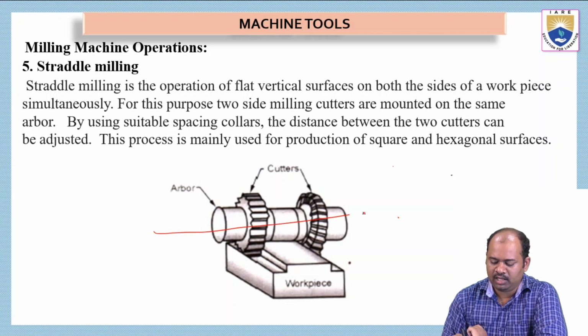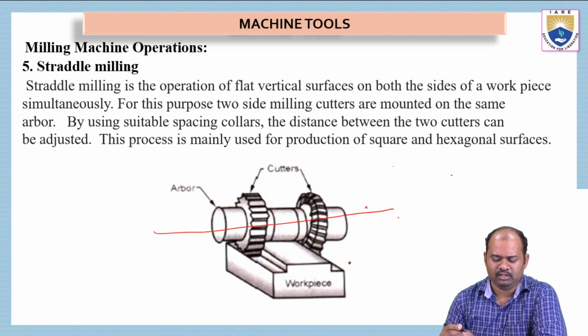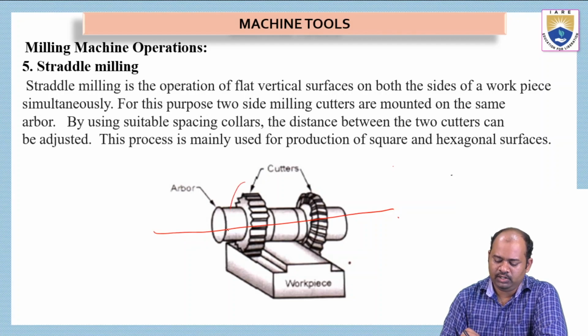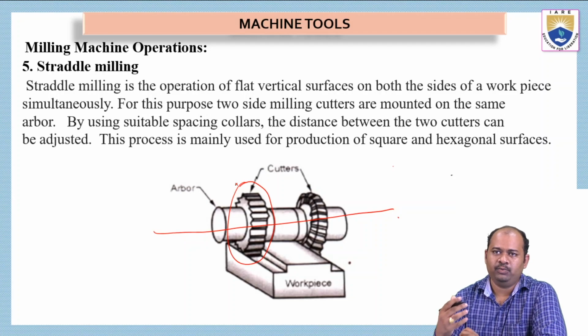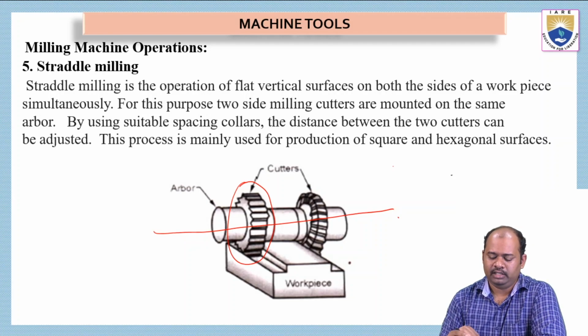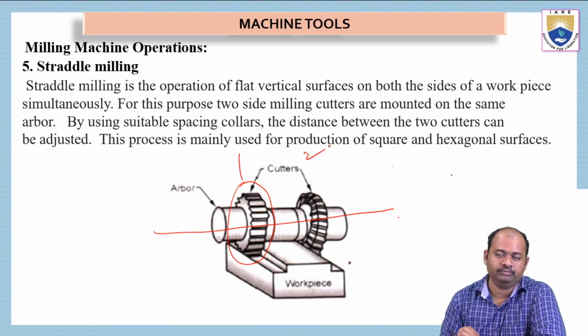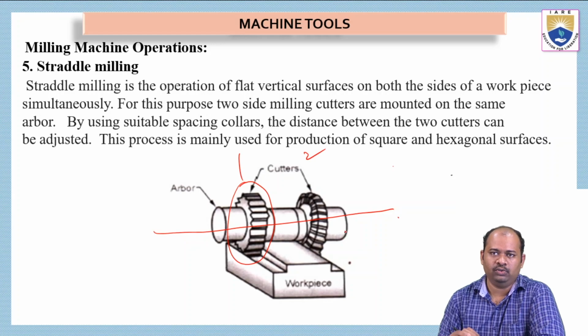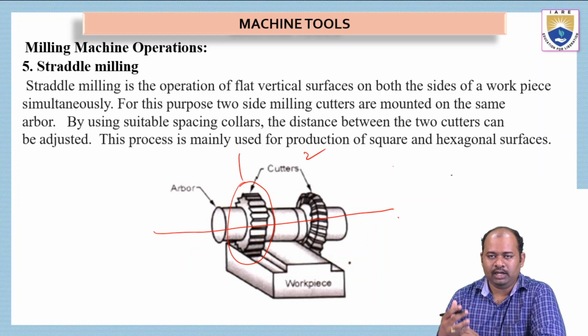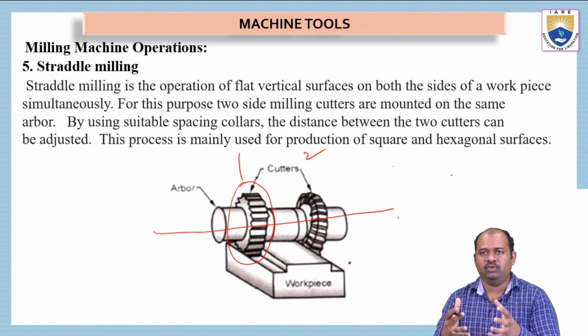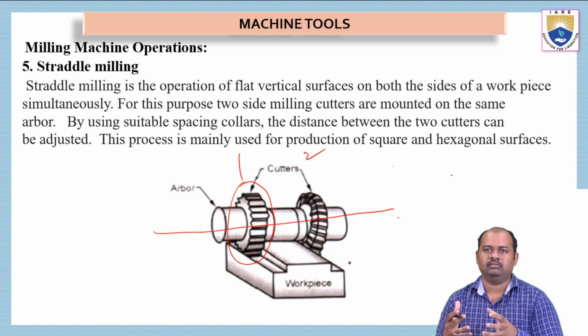We have a single arbor, which is nothing but a shaft on which we can attach multiple tools. Generally a single tool will have multiple cutting edges, but in this process we have more than one tool. We have two tools here, 1 and 2. These two tools will cut the workpiece simultaneously.